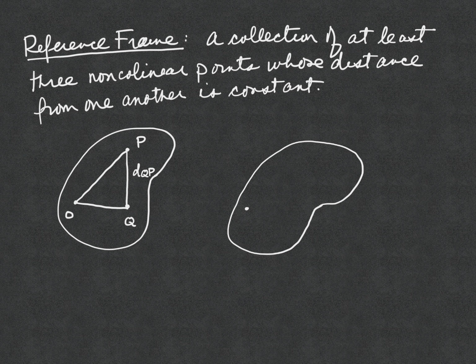But I still have these 3 points, which are part of this collection. And the distance between these 3 points is the same as what it was in the first orientation. So no matter how I move these points, these distances never change. So suppose this corresponds to t equals t1, and this corresponds to t equals t2.